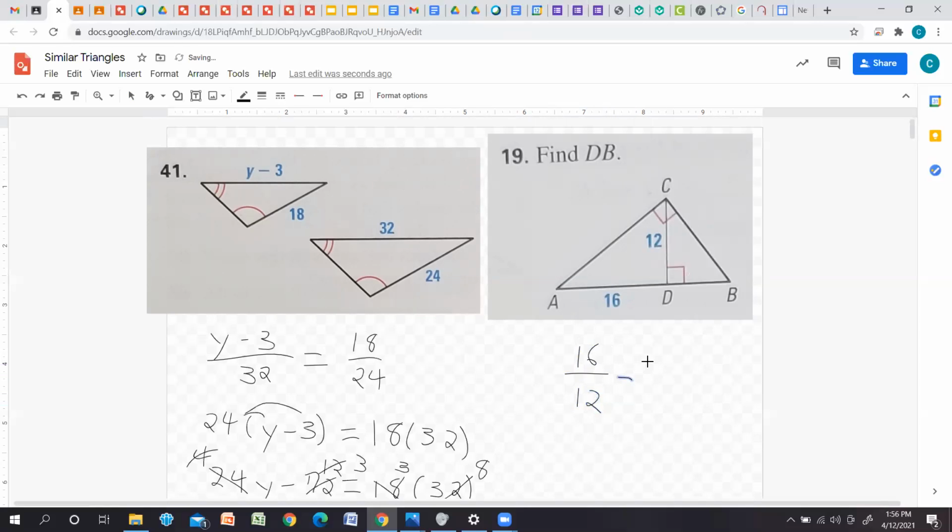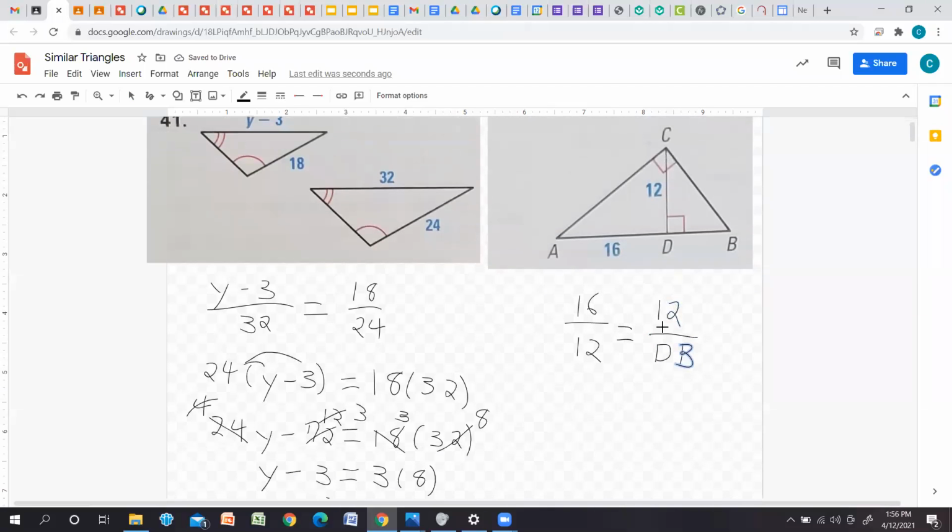Then the shorter leg for ADC is 12 as well, right? With these formulas, you should have the same value twice like this. And then the shorter leg is the unknown. So I'm just going to call it DB this time. You could use a variable, but I'm just going to leave it like that.